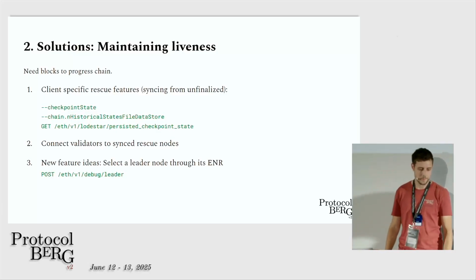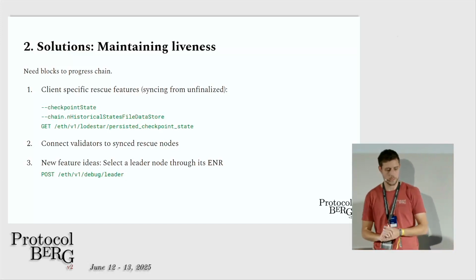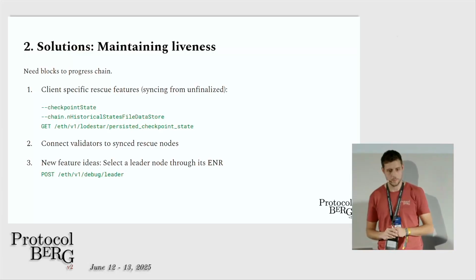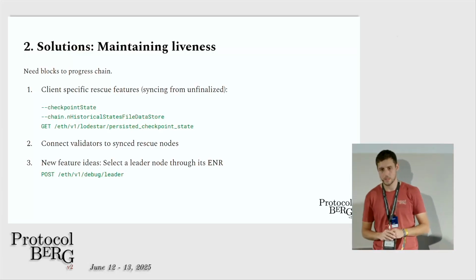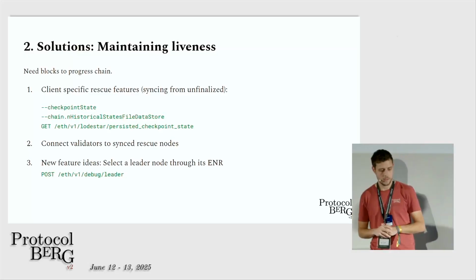And other things were just to get more blocks proposed. There were people opening up their nodes. We also opened a bunch of nodes to the community so they could connect until their node was synced. They would connect their validators so they propose blocks on the right chain, which helped a lot. And there were other feature ideas floating around.